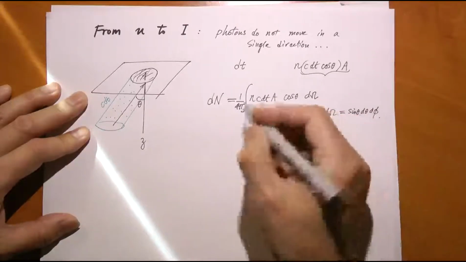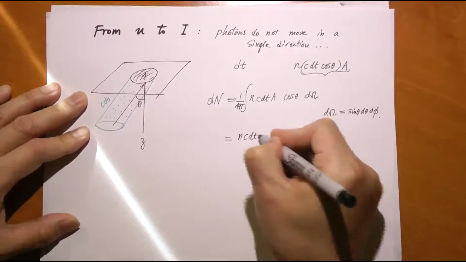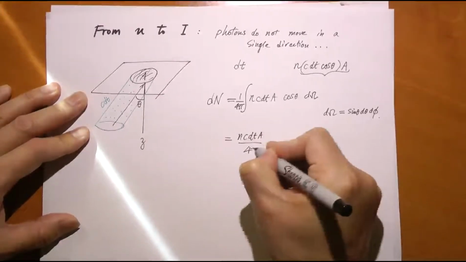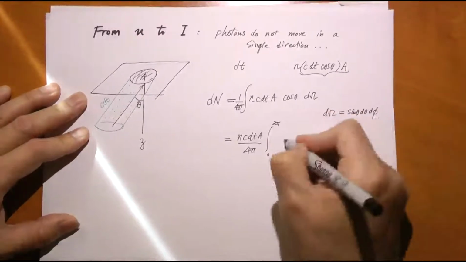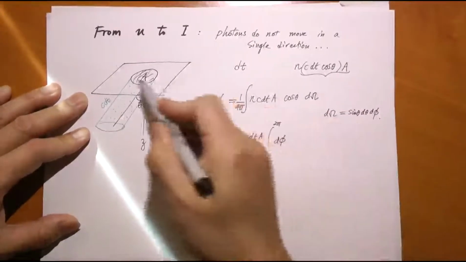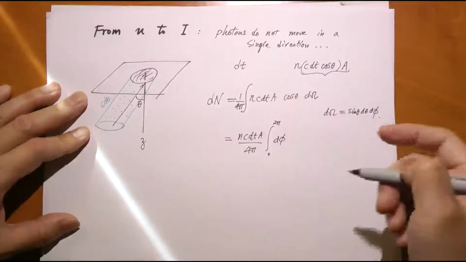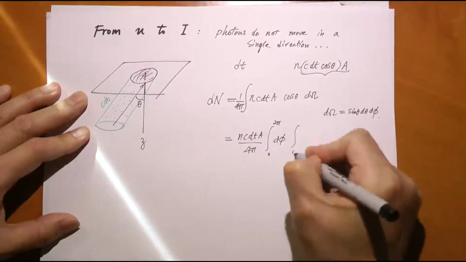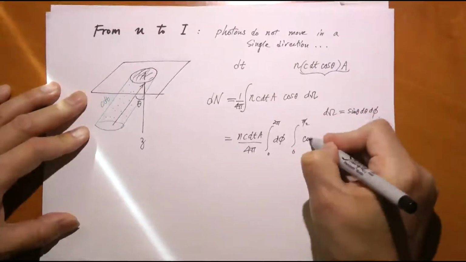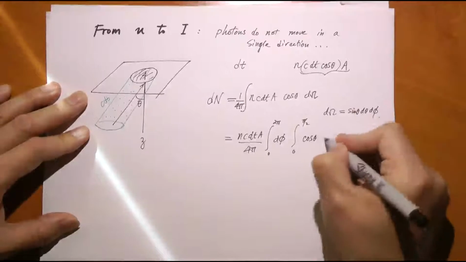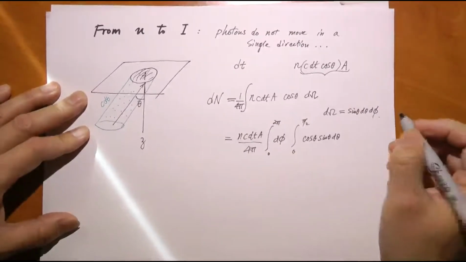So we do this integration: n c dt A over 4 pi, integral from 0 to 2 pi of d phi. That is for the angle phi, and it doesn't really matter, there's no phi dependency here. And then from 0 to pi over 2, cosine theta, and there is a sine theta here, d theta.